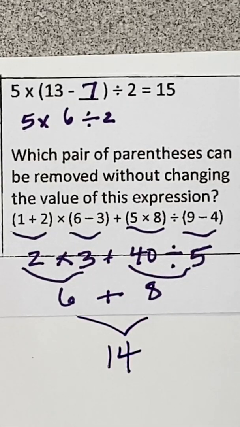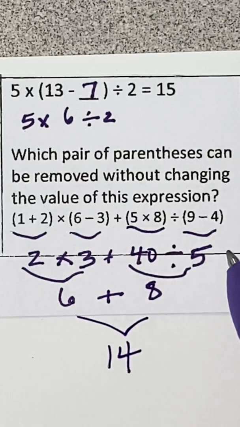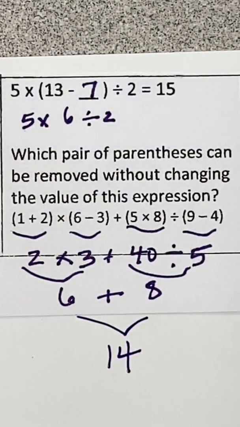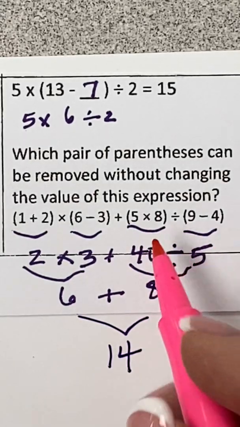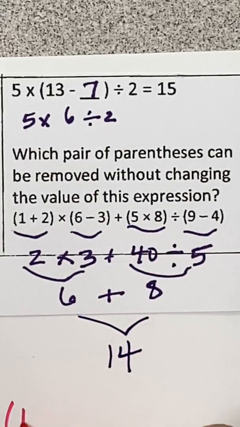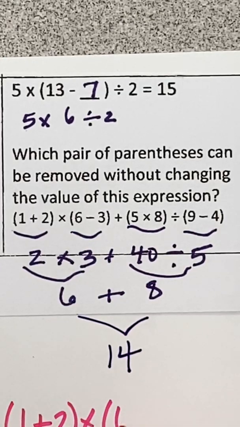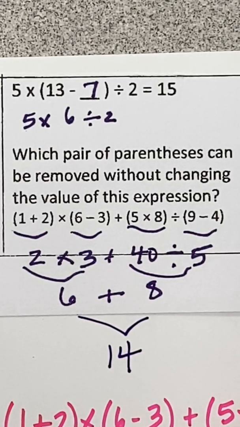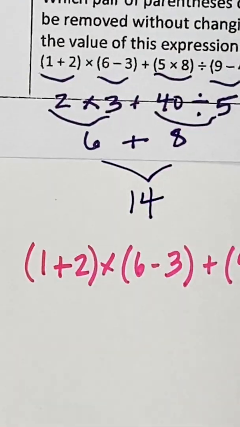So now we know that if I lifted off a set of parentheses, and I'm just going to pick one, I don't have a clue. But if I just recopied this and kept it like this, let's see what happened. We'll do the last ones: 5 times 8, and just leave the 9 minus 4 at the end.